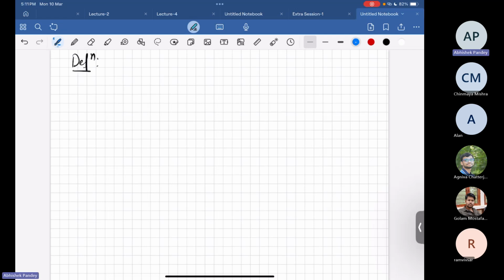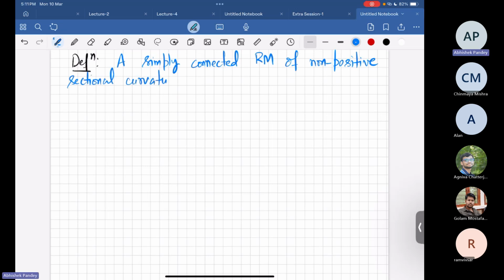Definition: a simply connected Riemannian manifold of non-positive sectional curvature is called a Hadamard manifold.